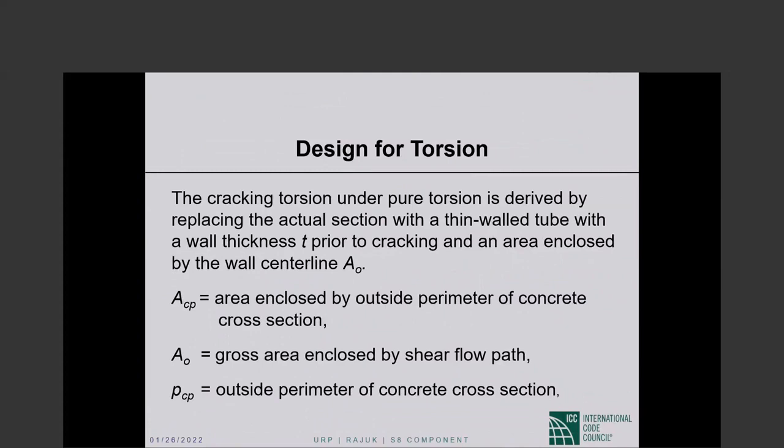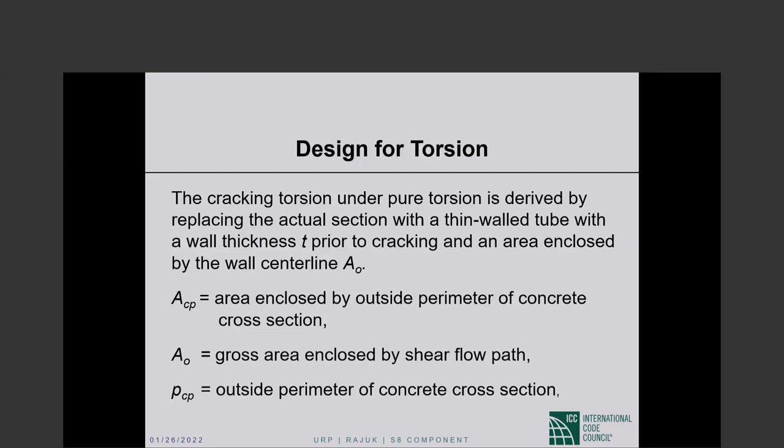The cracking torsion under pure torsion, meaning no bending moment, no shear to go with it, is derived by replacing the actual section with a thin-wall tube with a wall thickness t prior to cracking and an area enclosed by the wall center line that is equal to A sub 0.